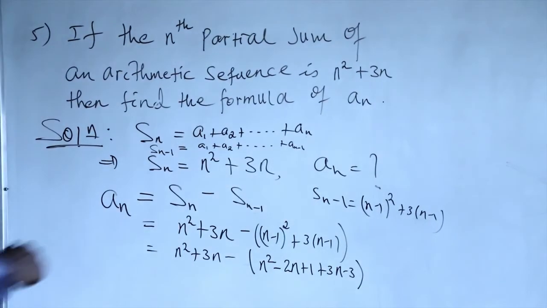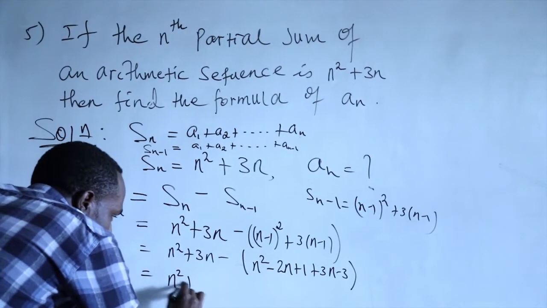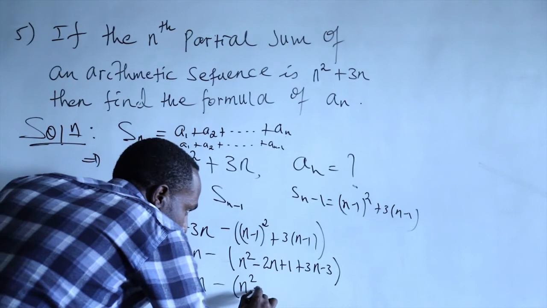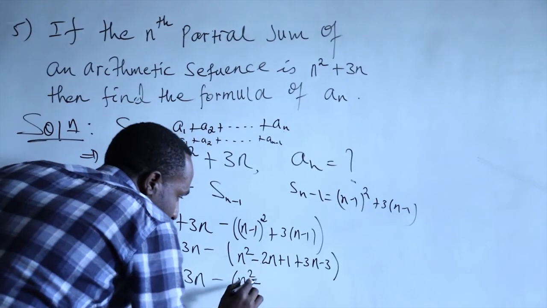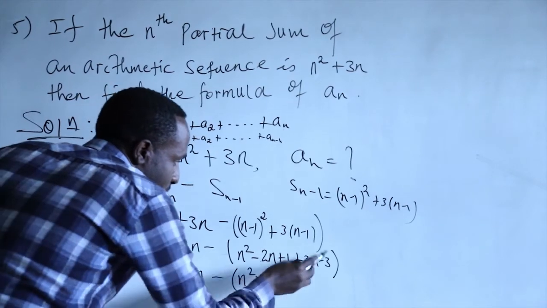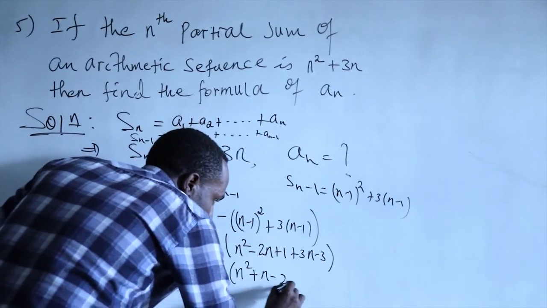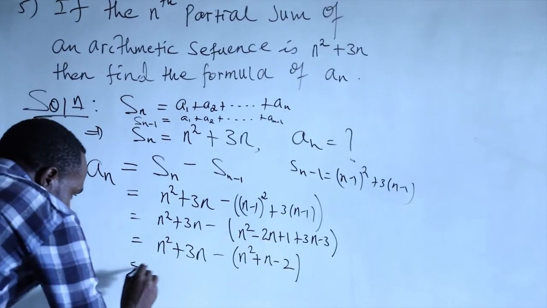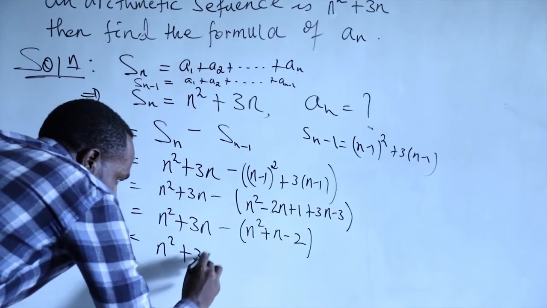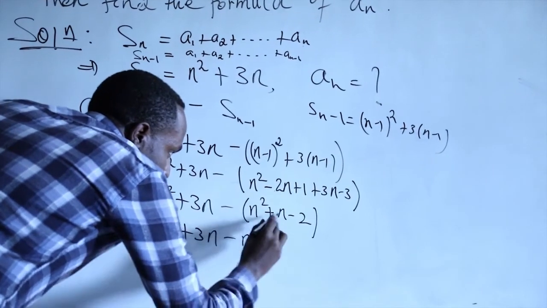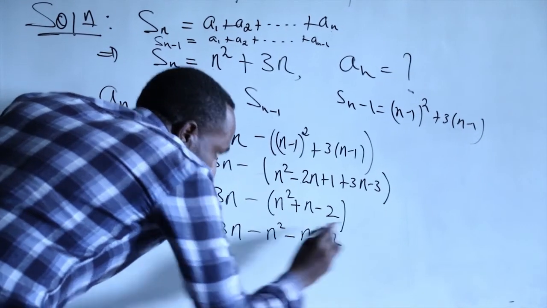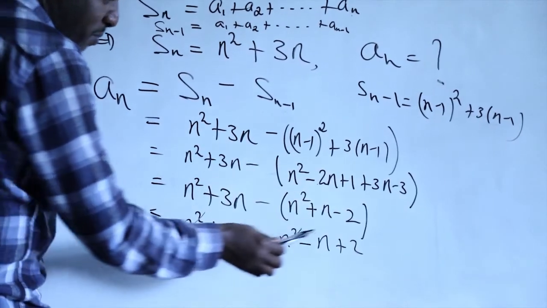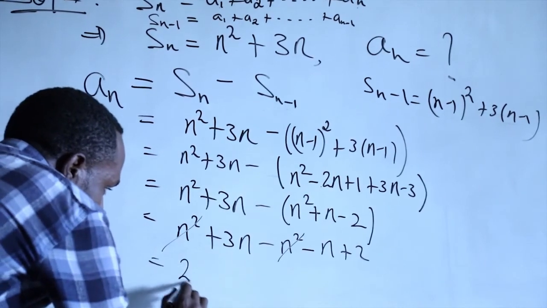So when we simplify, n squared plus 3n minus, inside the bracket, n squared minus 2n plus 3n becomes plus n, and 1 plus negative 3 becomes minus 2. So n squared with n squared is cancelled out, and 3n minus n becomes 2n, and again here is the number 2.